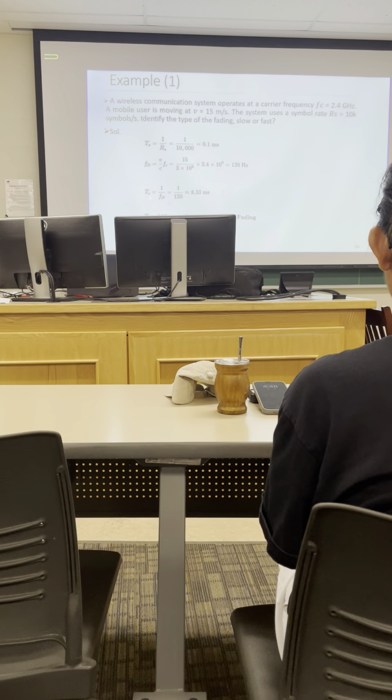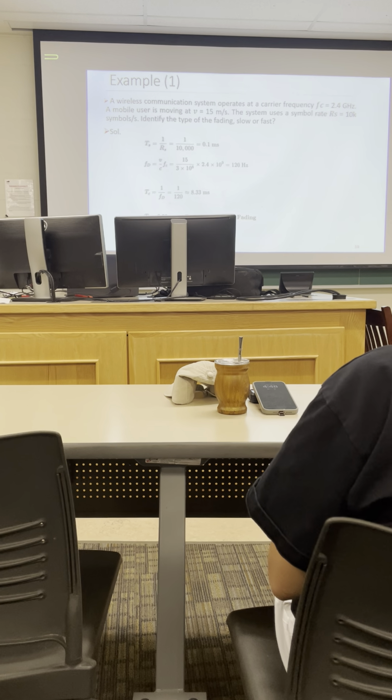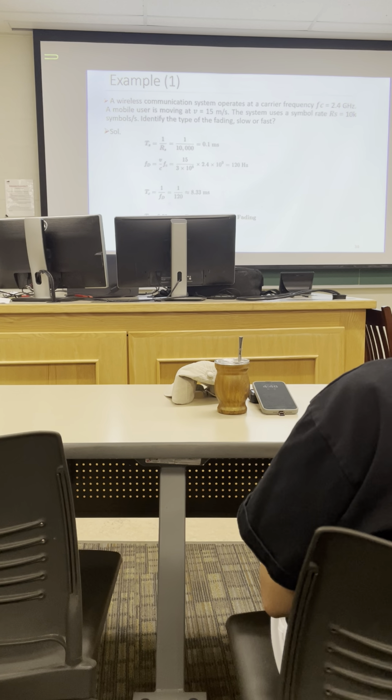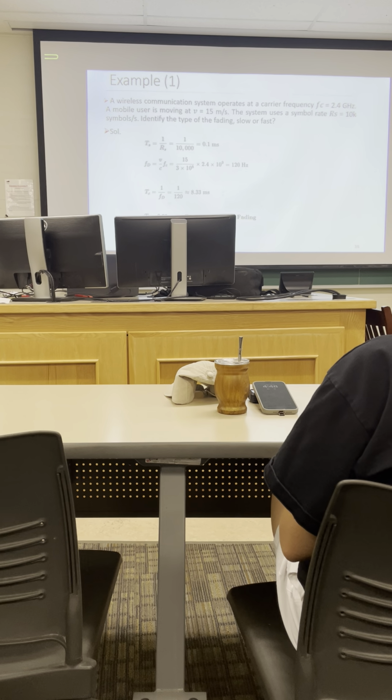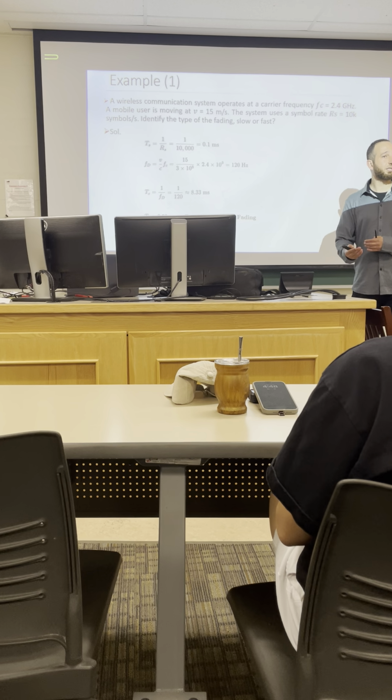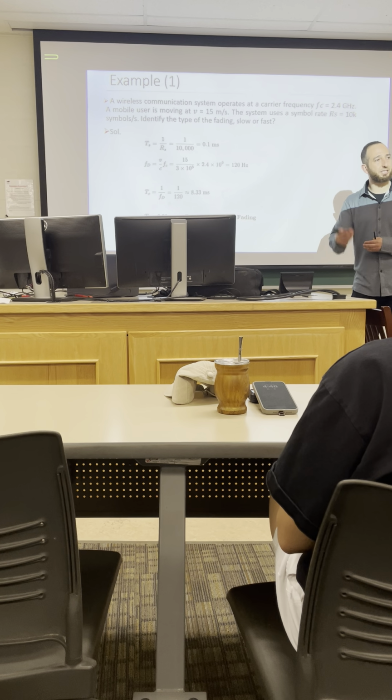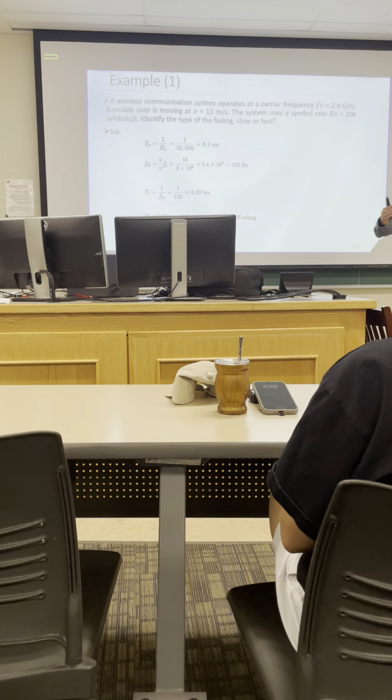At the end, I will compare the coherence time with the symbol time. As you can see here, the coherence time is 8 milliseconds. However, the symbol duration is 0.1 milliseconds. So I have a large coherence time compared to the symbol duration. Fortunately, you can send multiple symbols over this coherence time, which is good because you have slow fading.